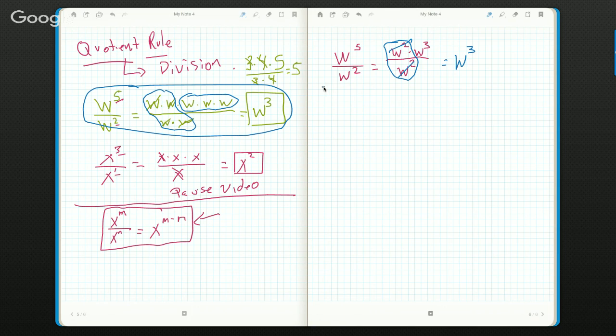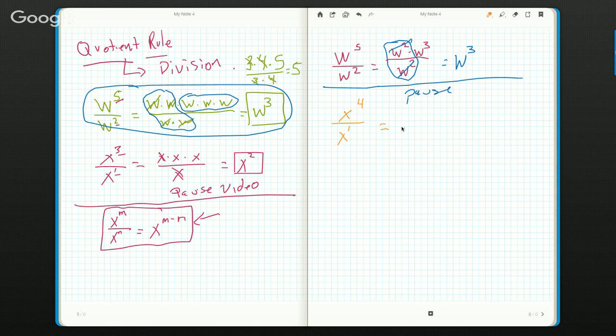What I'd like you to do now is pause the video after I give you this next problem. And this next problem is going to be, what if we had x to the 4th over x to the 1st. Pause it and see if you can solve this one like we did the one above. Okay, now we're back.